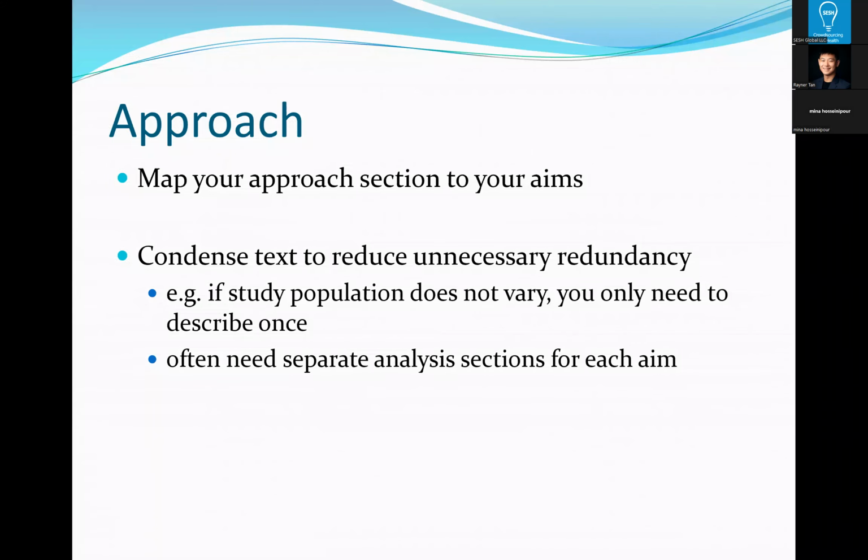So you always have to be very concise and condense your text to reduce any redundancy. For example, if your study population is the same for all of your aims, then you only describe the study population once, but you may need a separate analysis section for each aim. A lot of it depends on how your aims are written as to how you write different sections of your approach.